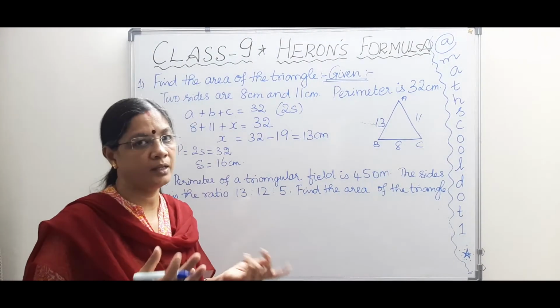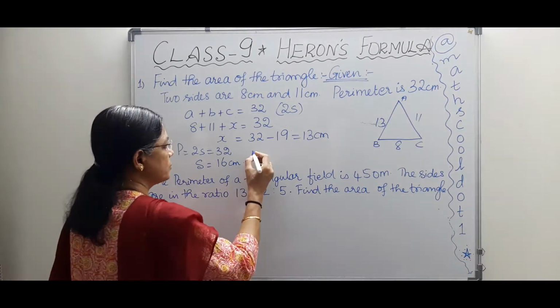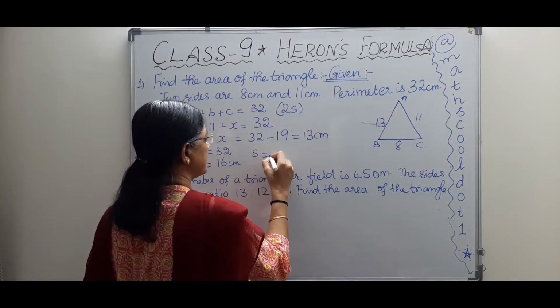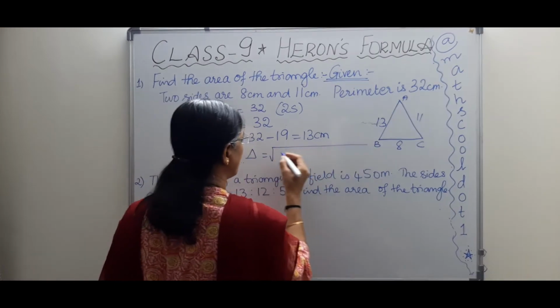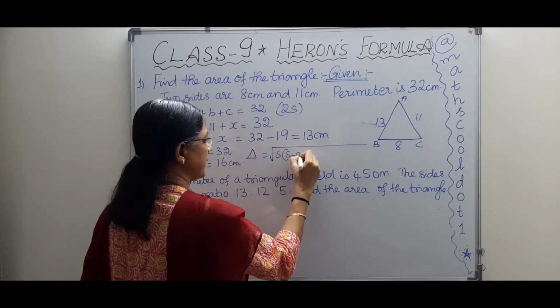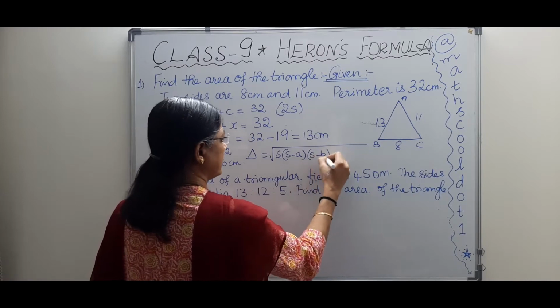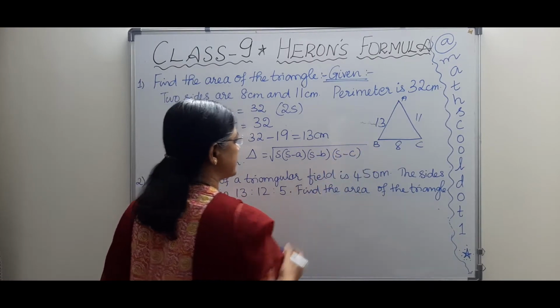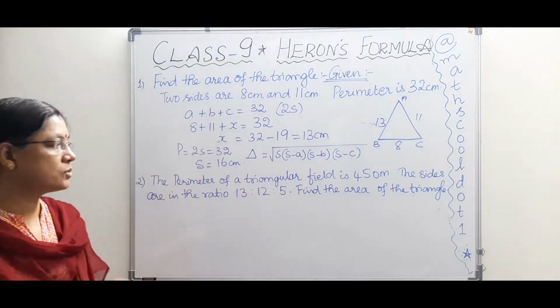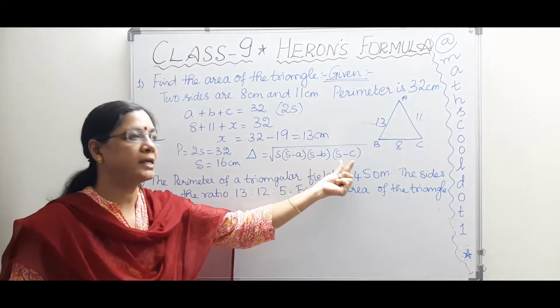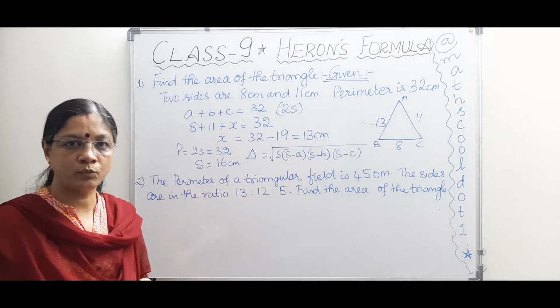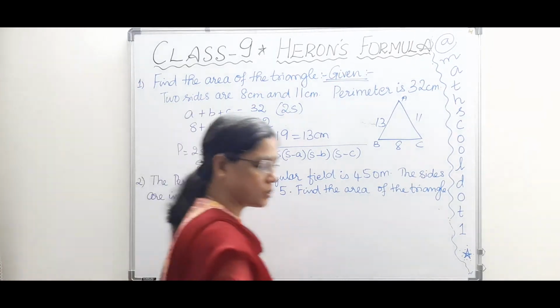Now we need to find the area of the triangle, isn't it? So what is the area of the triangle? According to Heron's formula, the area is root of s into s minus a, s minus b, s minus c square units. Now we have found s. From this, we need to find s minus a, s minus b, s minus c, multiply with s and find the square root.